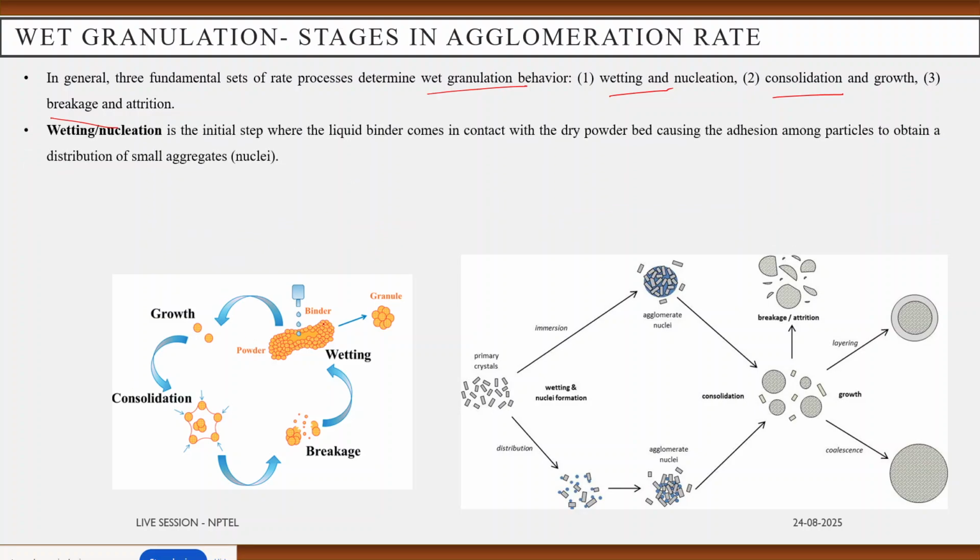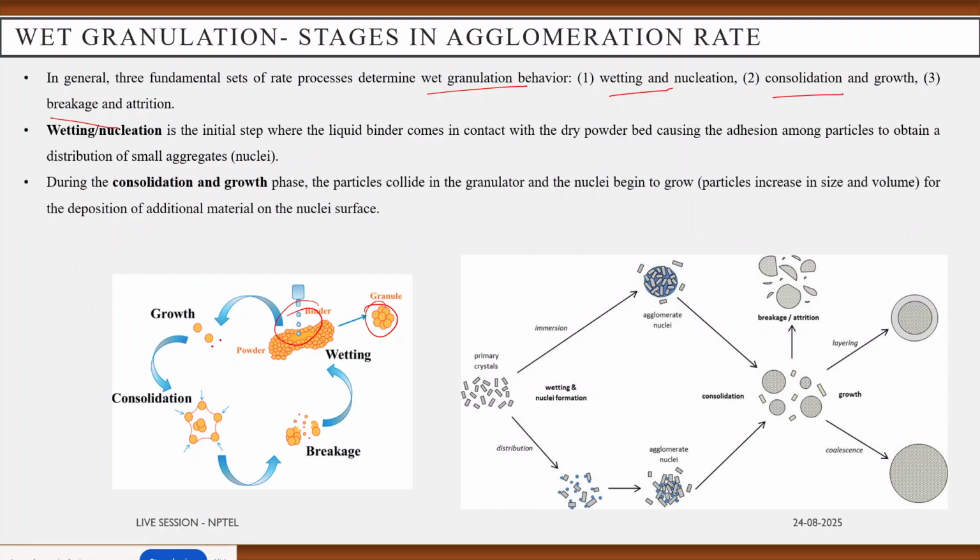Wetting and nucleation is the initial step where the liquid binder is added to the dry powder, and it causes adhesion between the particles to obtain a distribution of small aggregates, that is, they form granules in the first step.